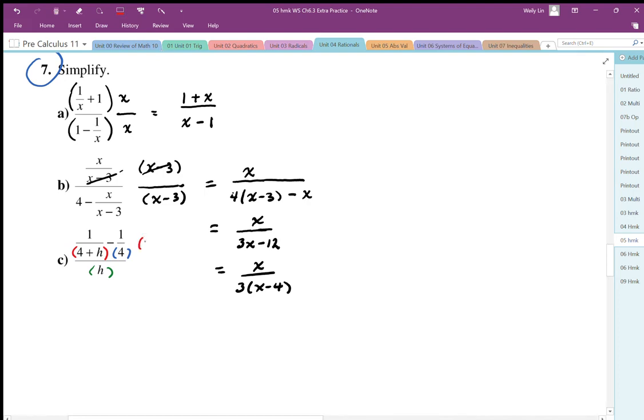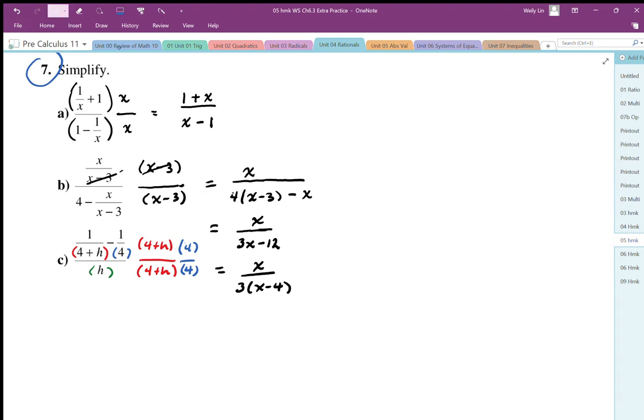So I'm going to multiply by 4 plus h on both top and bottom. I'm going to multiply by the 4 on the top and bottom. And I don't need to multiply by h because h is not an embedded fraction. Okay, so we're just going to multiply that through.